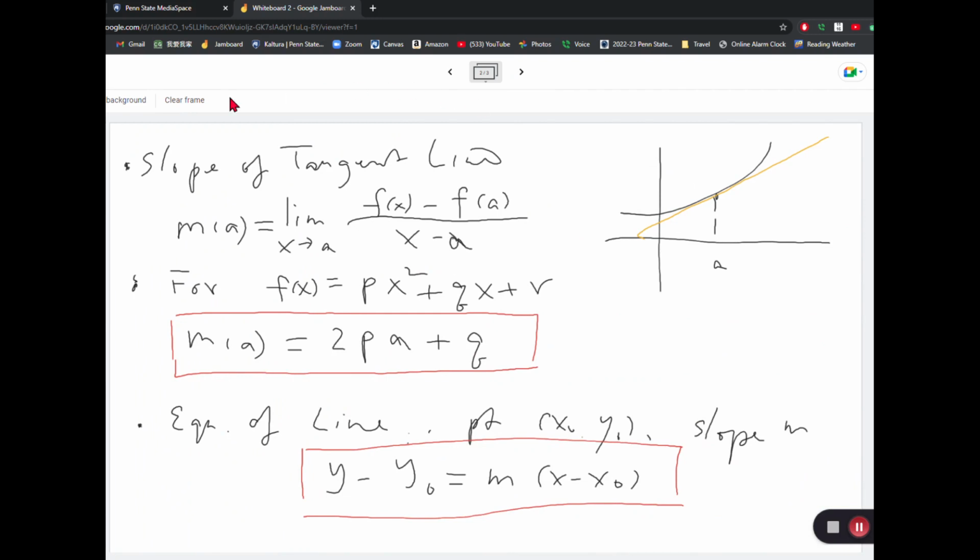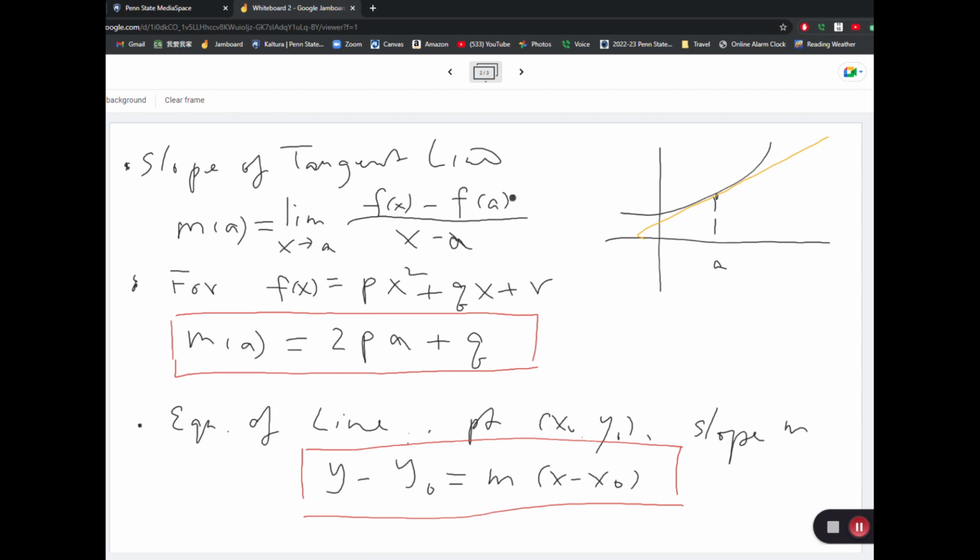So here we summarize it, just as an application of limit. So at the location A, which I called x0, this limit would give us the slope of a tangent line, as we talked about.